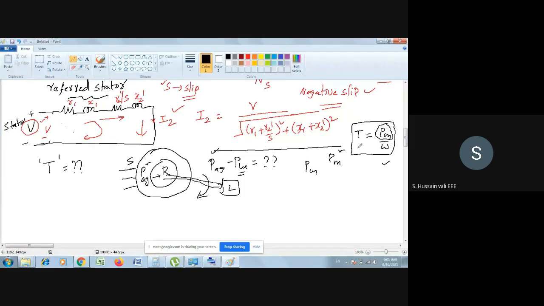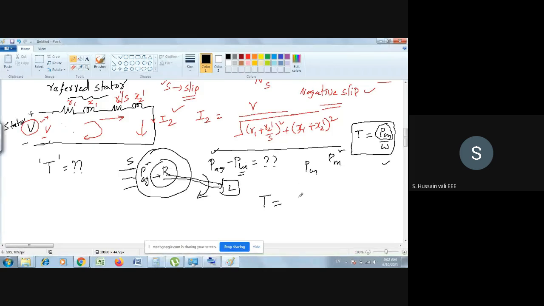That's the reason I have been explaining all these things. I suggest you take any induction motor textbook and revise how all these come. The only intention here is to make you understand that there is torque production.